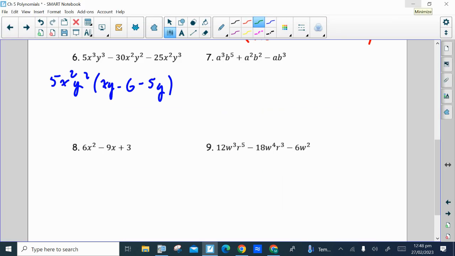Remember, you take the power that's the smallest. No, the last term is a, which is a to the 1.